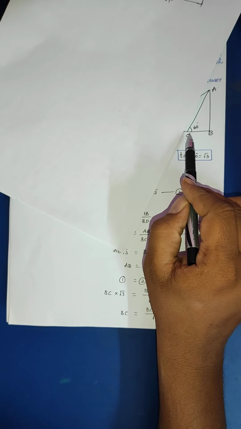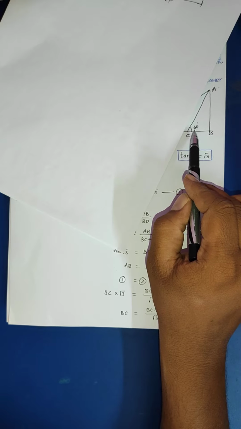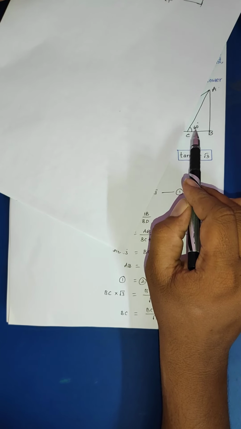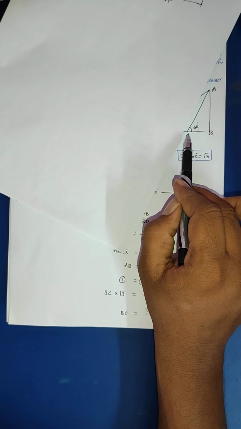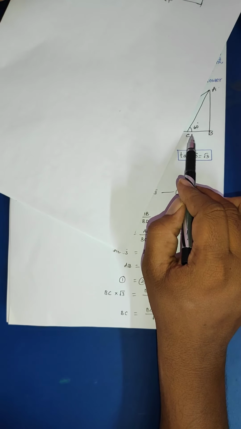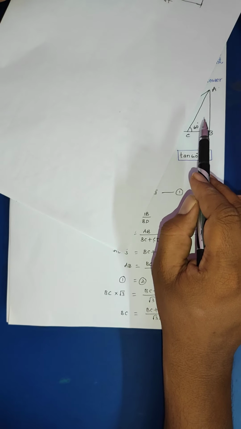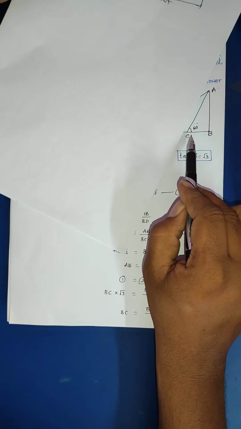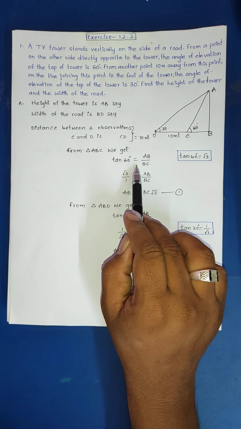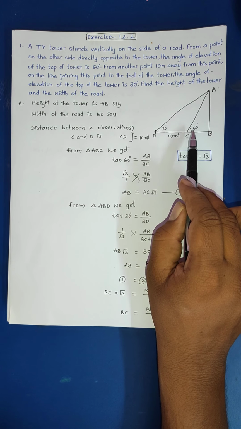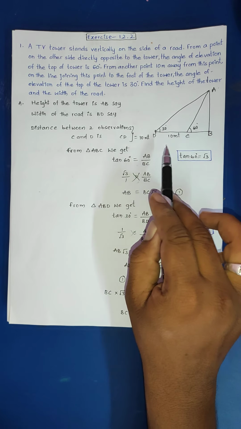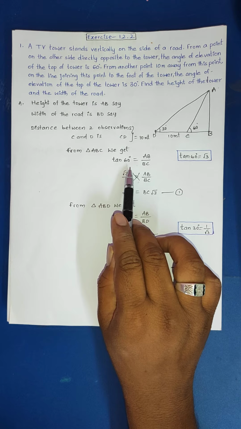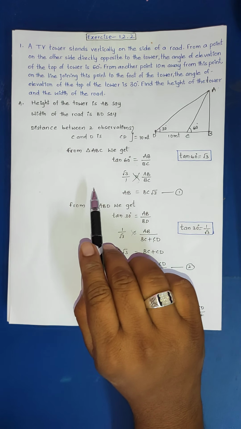In ABC, angle 60 degrees is given at point C. So you observe from point C, tan theta is equal to opposite side by adjacent side, AB by BC. Tan 60 is equal to AB by BC. What is the value of tan 60? Root 3.